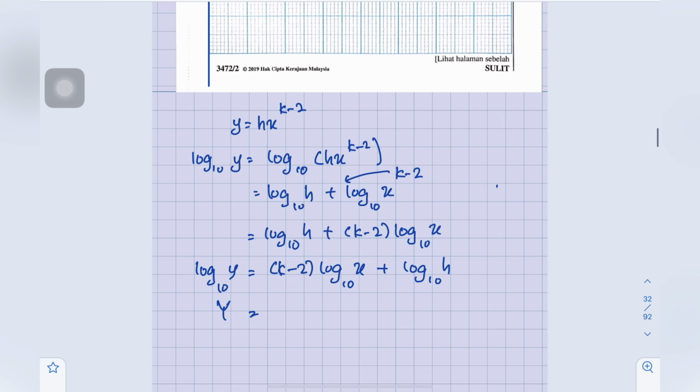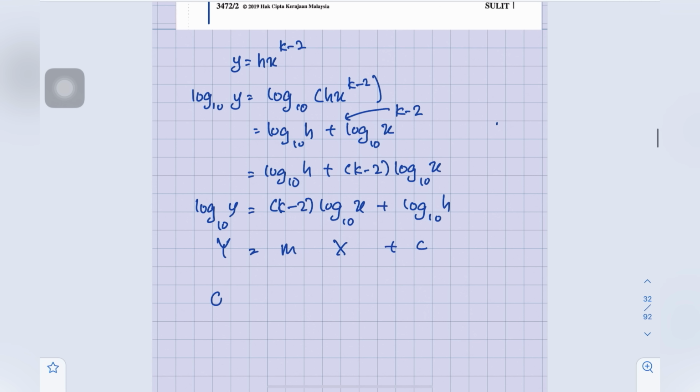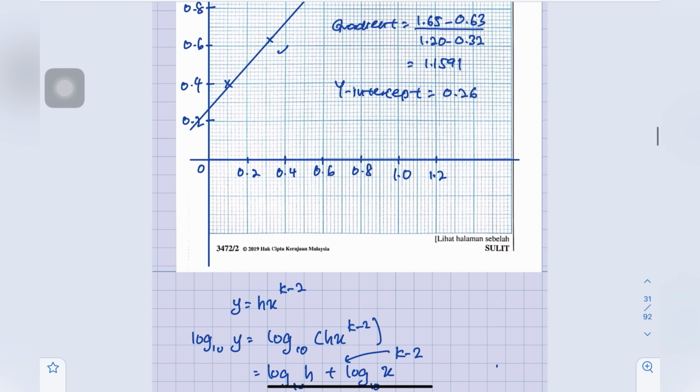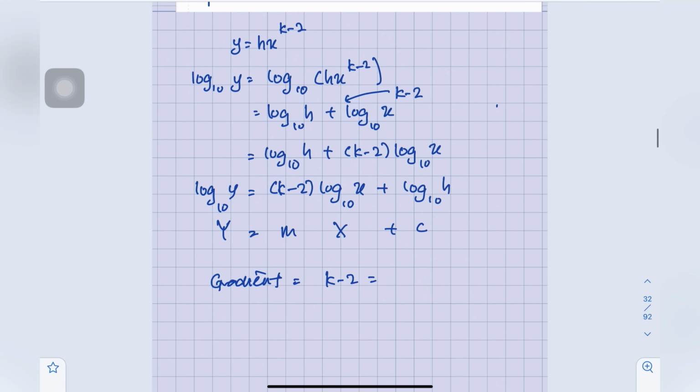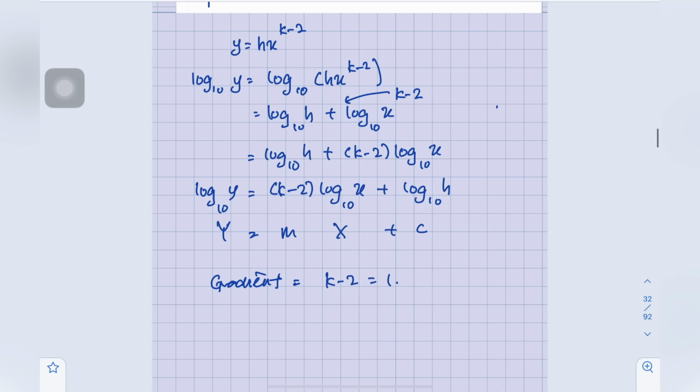Okay, so we compare, we can find the gradient. Big Y equals to m big X plus c. Right, so the gradient is k minus 2. Just now gradient 1.1591, so therefore k equals to 3.1591.